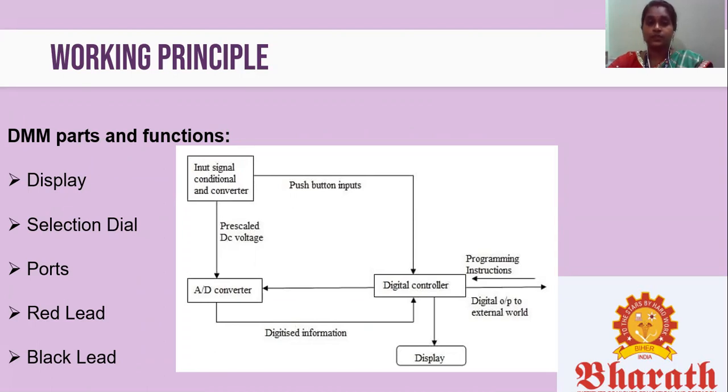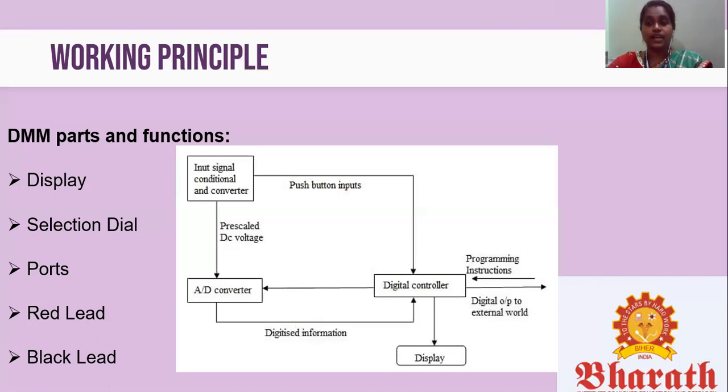The first one is the display unit. The LCD screen present on the upper portion of the multimeter basically displays 4 or more digits and also shows negative values if necessary. Many of today's multimeters have an illuminated display for better viewing in low light situations.